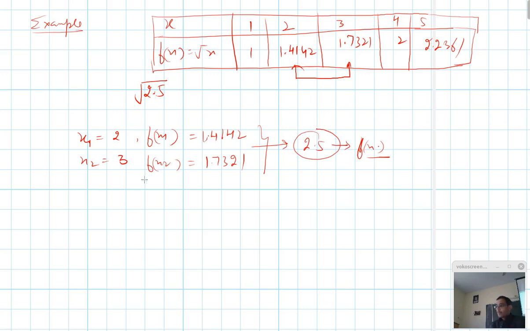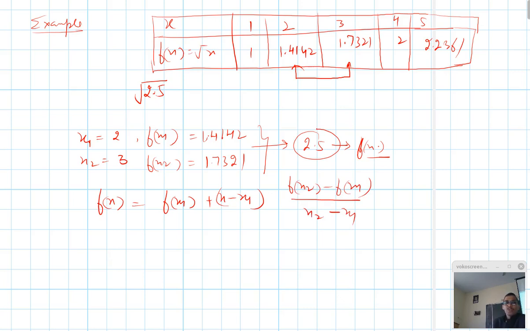This is our objective. Now I will apply the formula. The formula for linear interpolation is f of x equals f of x1 plus (x minus x1) times (f of x2 minus f of x1) divided by (x2 minus x1).